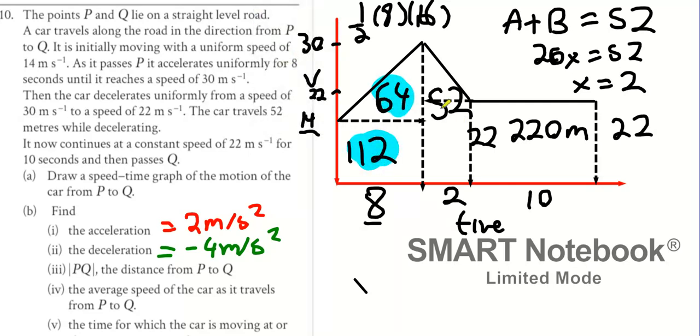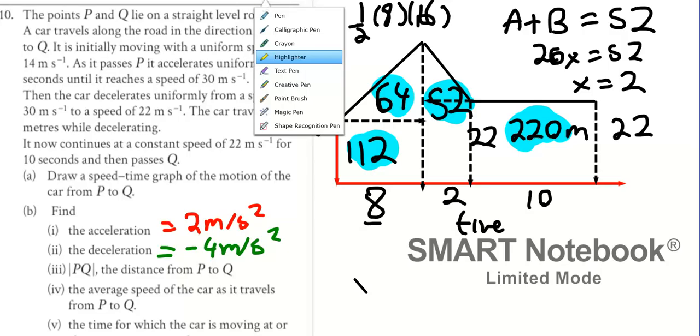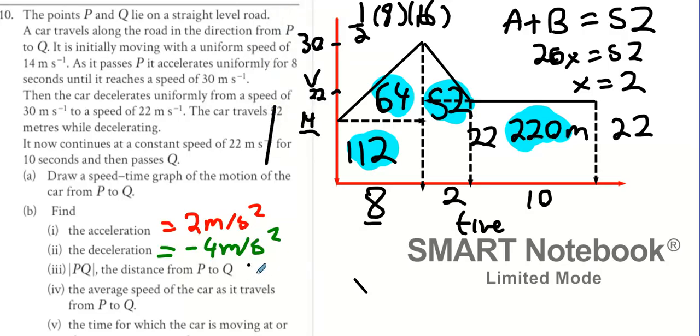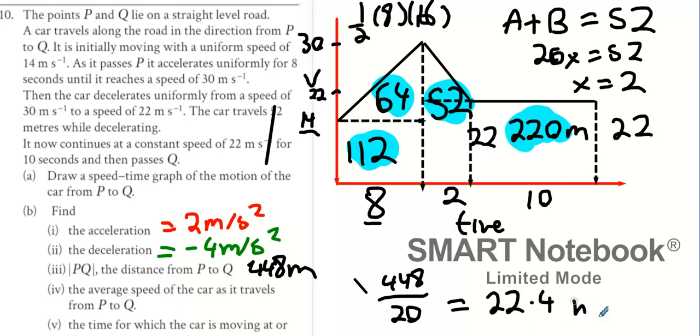When you add all of these together, you get 448 meters for the total distance. Now your average speed, what do we think? 448 divided by 20, because it's 8 plus 2, 10 seconds, 10 plus 10, 20. And what do we get there? 22.4 meters per second. Velocity, not acceleration, so no squared on that one.